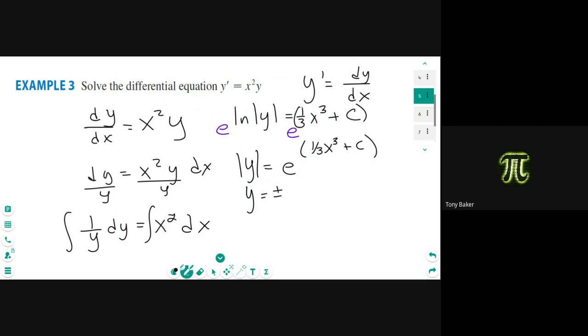What exponent rule takes care of addition? Yes. When I'm multiplying like bases, I add the exponents. So this is e to the c times e to the 1/3 x to the third.